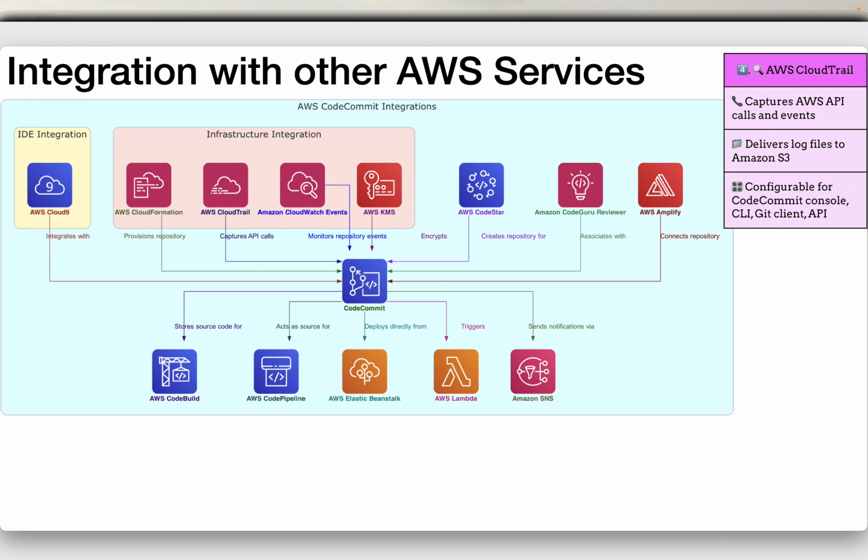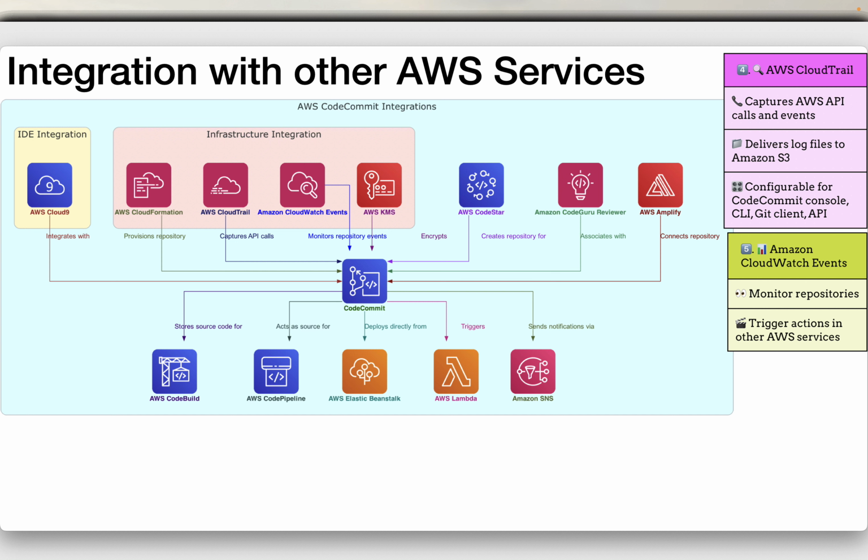You can configure it to capture API calls from the CodeCommit console, CLI, local Git client and API. Amazon CloudWatch Events. You can configure CloudWatch Events to monitor CodeCommit repositories and respond to events by triggering actions in other AWS services like Amazon SQS, Kinesis, Lambda and others.